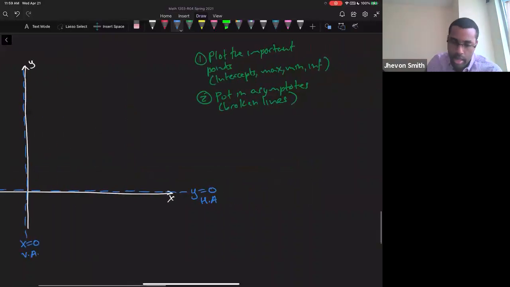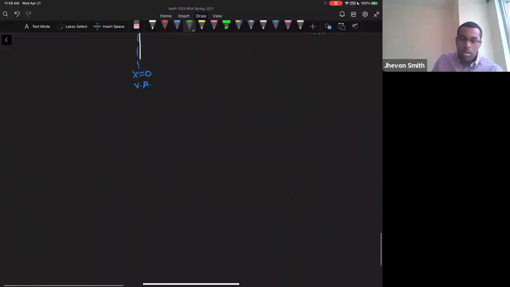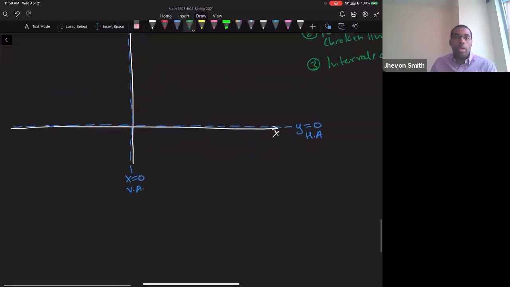The next thing I would do is put in the intervals of increasing, decreasing. How would I do that here? Well, I would do it at the bottom of my graph, just to kind of dissect the area that I want to work on.